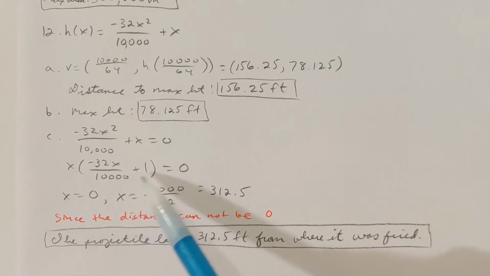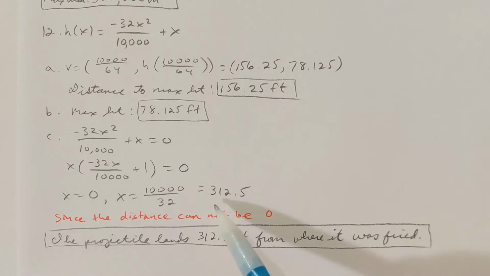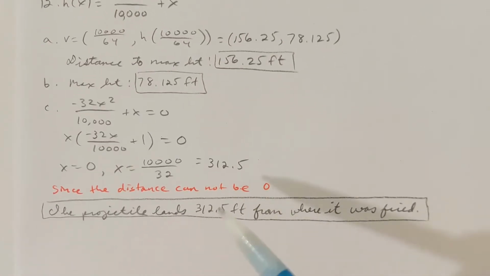And if I subtract 1 and multiply by 10,000 over negative 32, then x is equal to 10,000 over 32, which is 312.5. Since the distance cannot be 0, the projectile is going to land at 312.5 feet from where it was fired. That's what the question is asking.